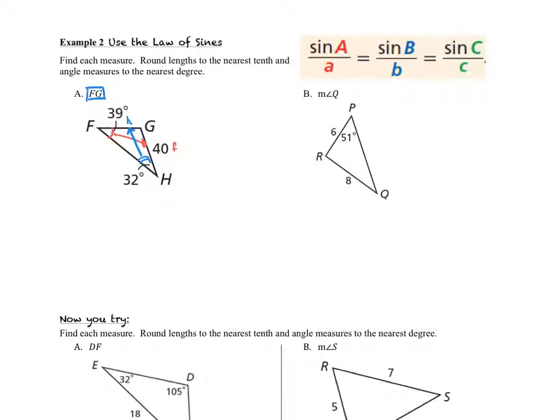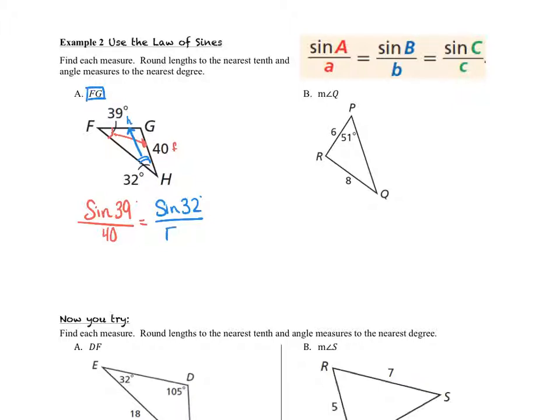And so what I can use is sine of angle 39 over its corresponding or opposite side length there, 40, is equal to sine of my angle 32 over the h that we're trying to figure out, the side length FG basically.